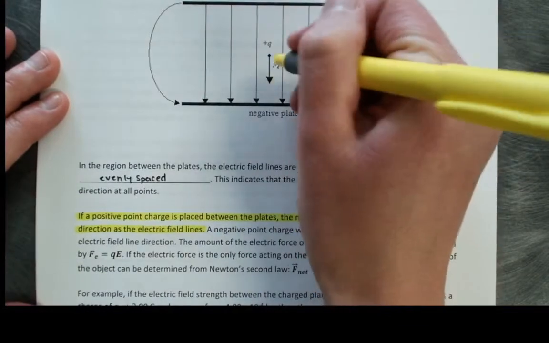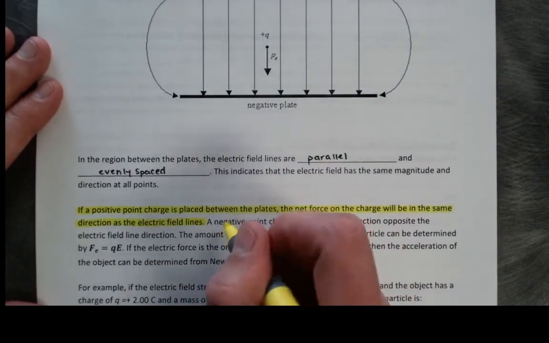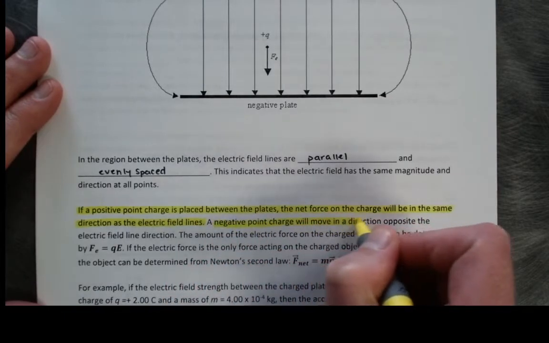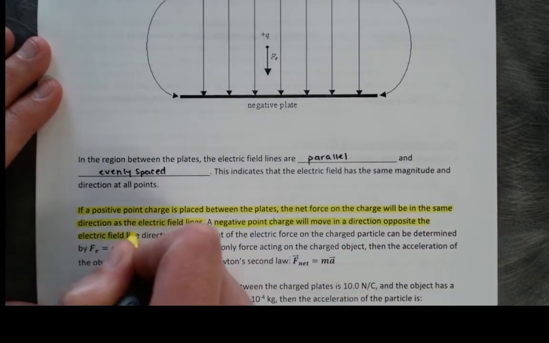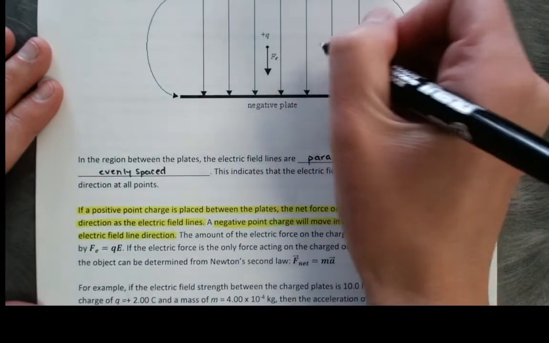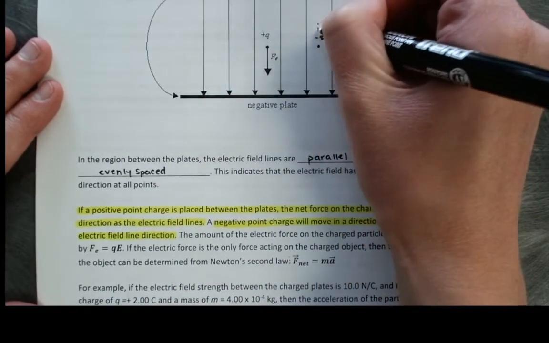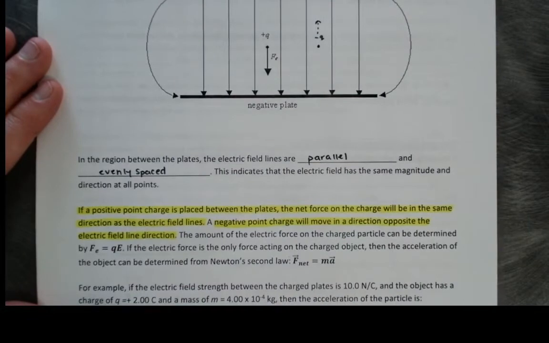So they're going to be going in the same direction. If we placed a negative point charge, let's say a negative Q, it would move opposite to the electric field line. It's going to want to go in that direction.